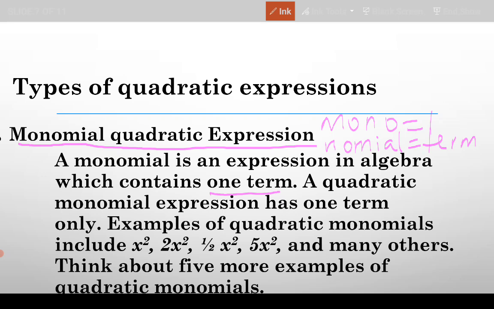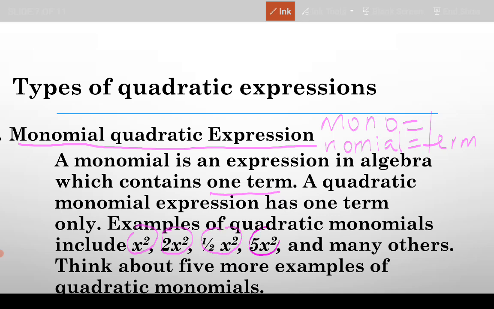So examples of quadratic monomials include x squared. That's just one term raised to the power 2. That's a monomial. Another one is 2x squared. Mind you, these are not connected by either positive or minus signs. No, it's just one single term. Another one is half x squared.